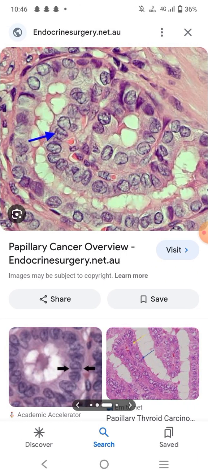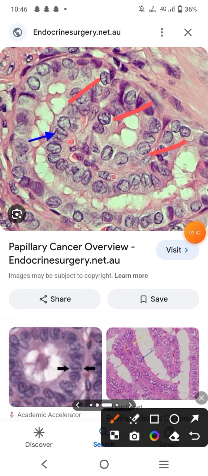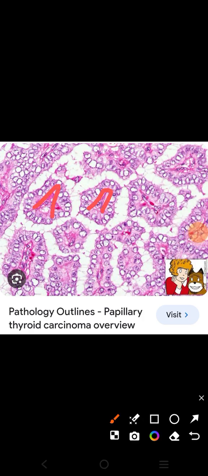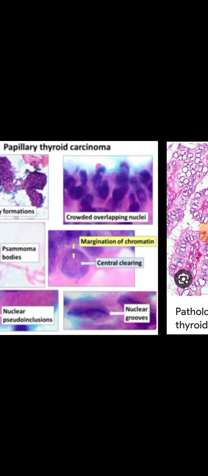Now let's move forward. Here you can also see ground glass cells. Next, here you can also see papillary structures, papillae, and clear ground glass cells can also be easily appreciated here.